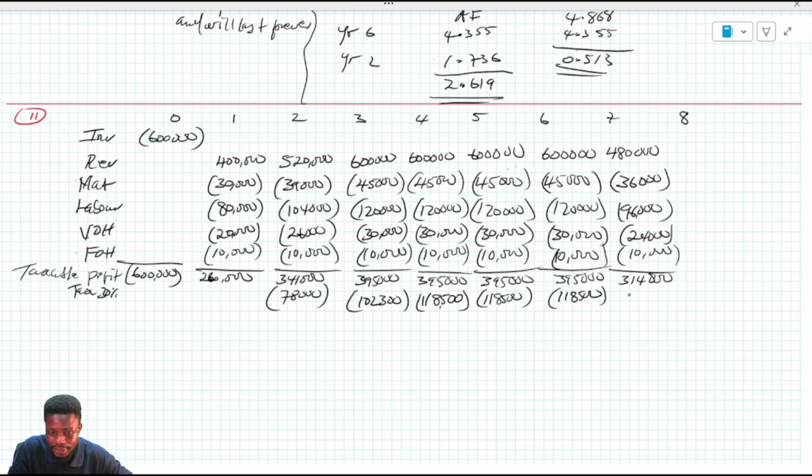And year six tax, you're going to pay year seven, 118,500. And year seven tax, you're going to pay in year eight, you get 94,200. Okay, it gives you 94,200.